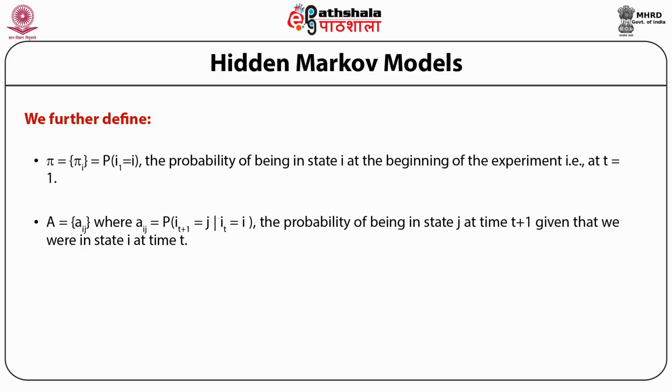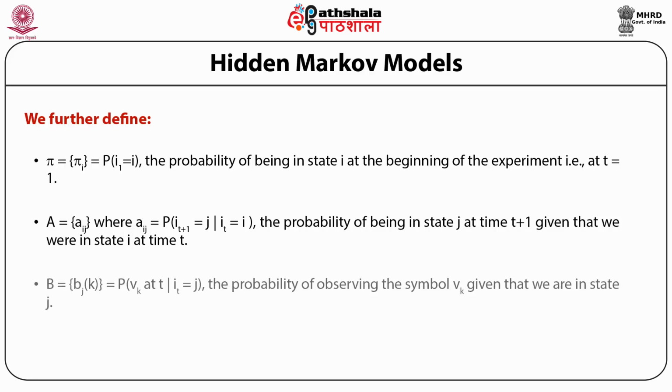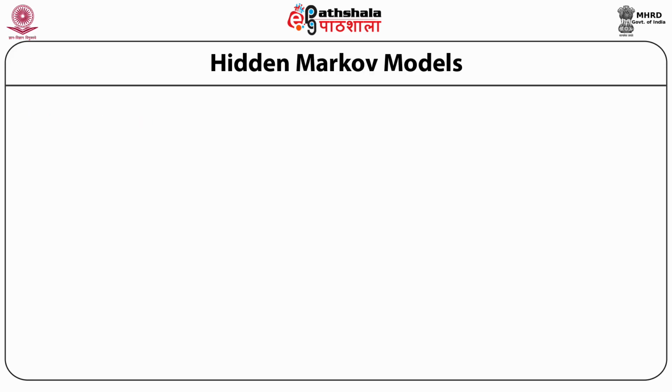And again I define a parameter b, which says what is the probability of observing the symbol v_k if we are in state j, that is the emission probability. So again I have a starting probability π, then a transition probability a_ij, and an emission probability b_j.